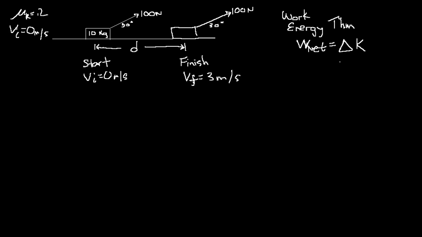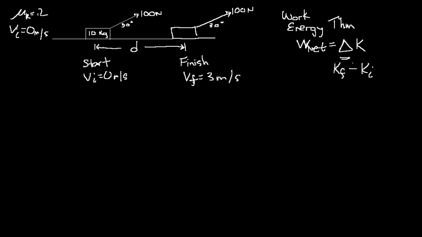Now, the change in the kinetic energy of an object is the final kinetic energy minus the initial kinetic energy, because that's what the delta means. Delta means change. You're talking about always some final value minus some initial value.